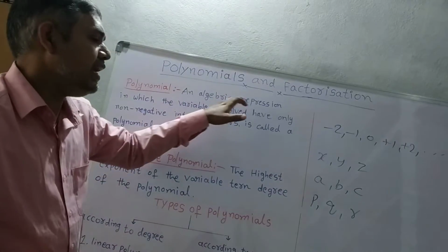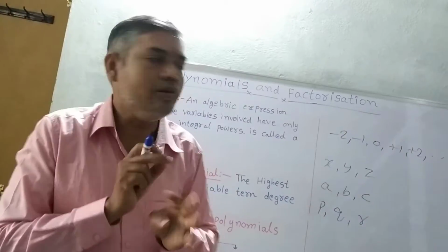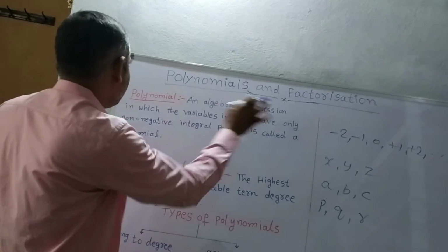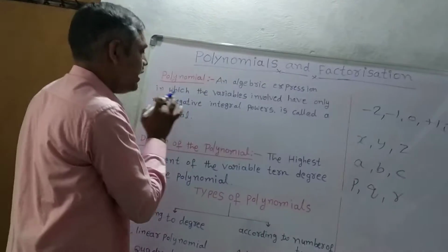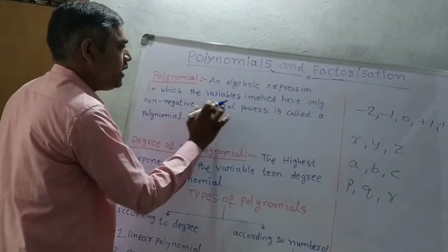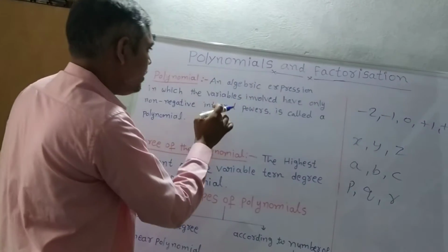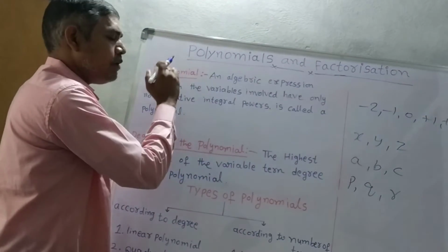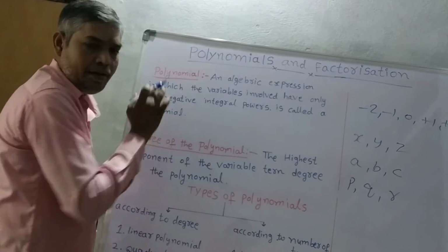An algebraic expression containing integers and variables, in which the variables involved have only non-negative integral powers, is called a polynomial.